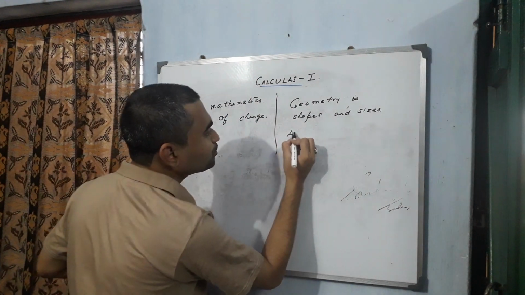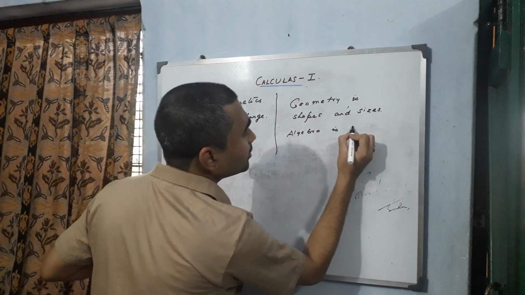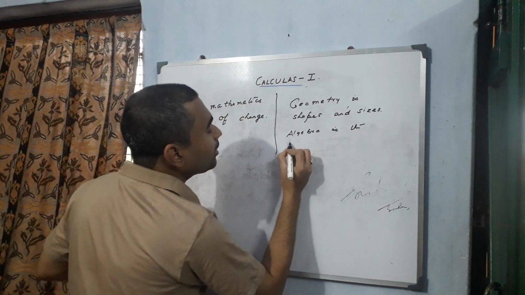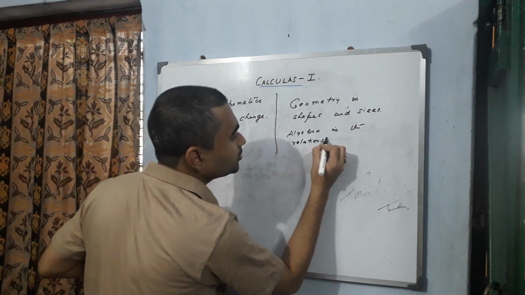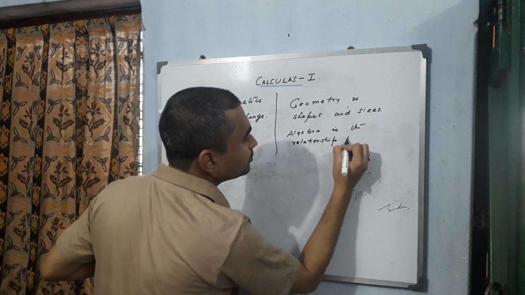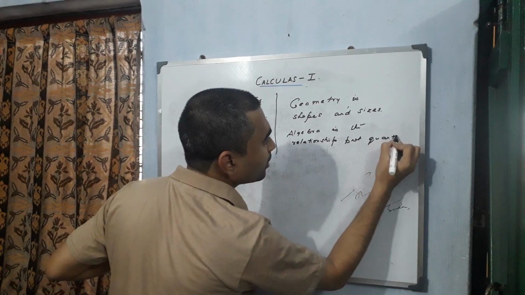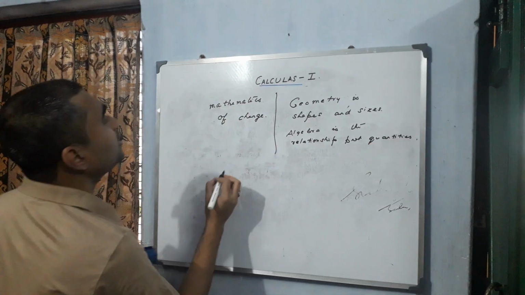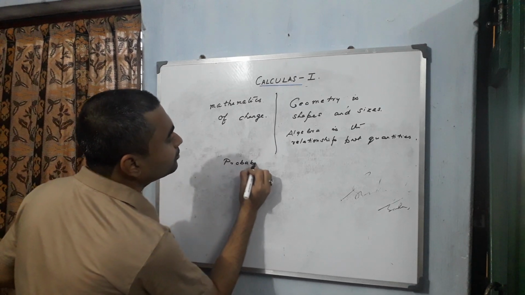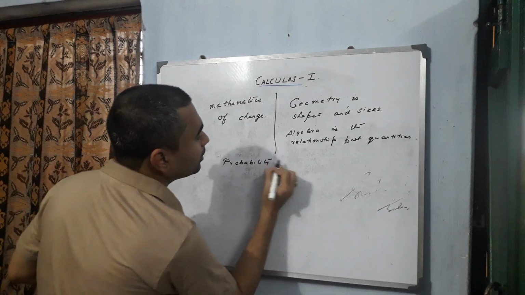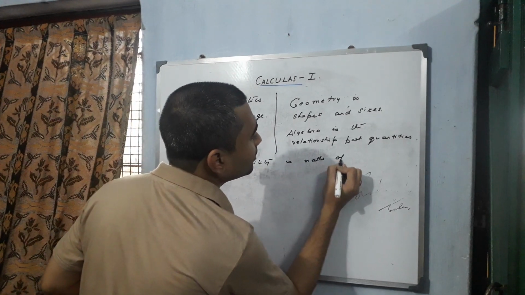Algebra is the mathematics of relationship between quantities. Probability is the maths of chance.